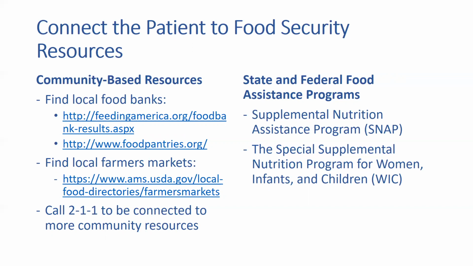It used to be called food stamps. There's also one specific to women, infants, and children, abbreviated WIC. And so depending on which your patient fits into, you should be knowledgeable in how that patient can apply, how they can see if they're eligible, and where they can find all this information. Be the patient's guide in these.